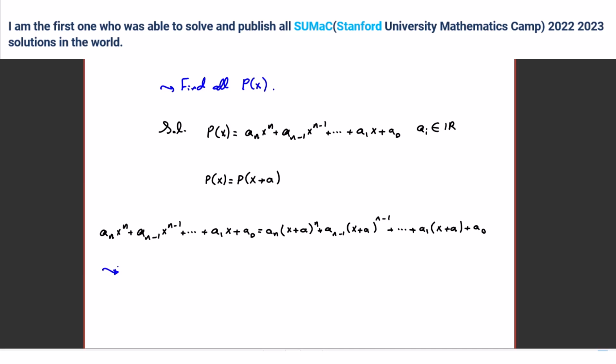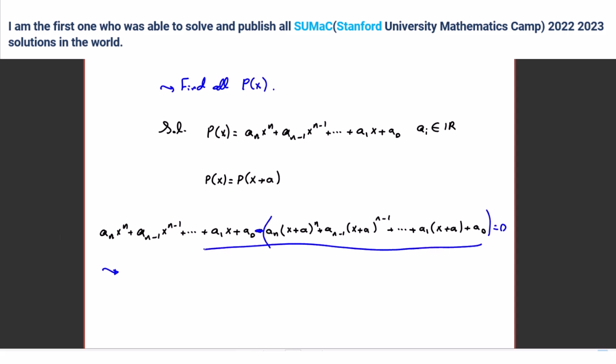Well, corresponding coefficients should be equal, right? Because look, for example, if you say this minus this is equal to 0, it is a polynomial, and we know it has infinitely many roots, since for all x it is 0, right?